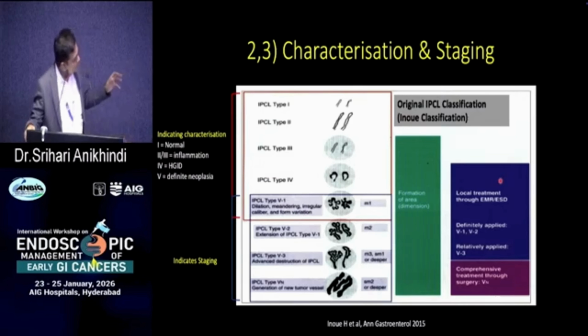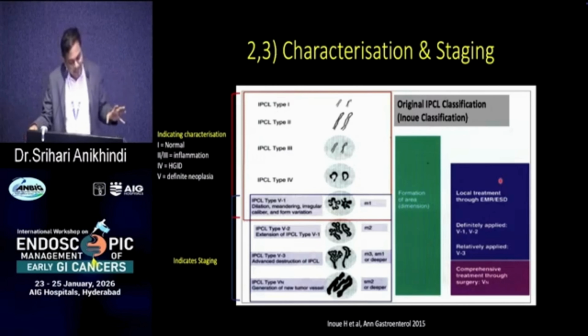Type 1 to type 5 indicated characterization, whether we are dealing with a normal IPCL, one with an inflammation, or one with a neoplasia. And once it is neoplastic, it could be subclassified to find out about the staging based on the subtypes.